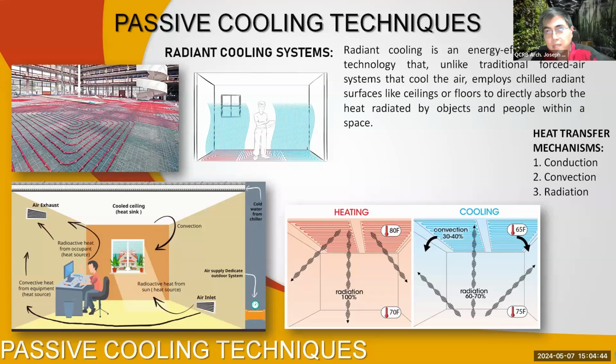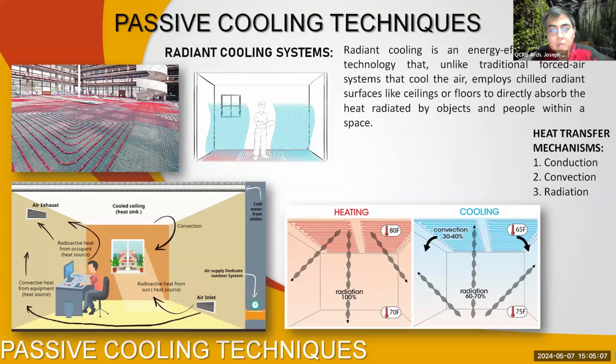The sunlight that hits the wall makes it hot, and then you touch the wall, you feel the heat, no? That's conduction. When air blows into a hot surface and blows into you, it becomes hot air. That's convection, no? Radiation, like here in radiant, is the radiating cold.